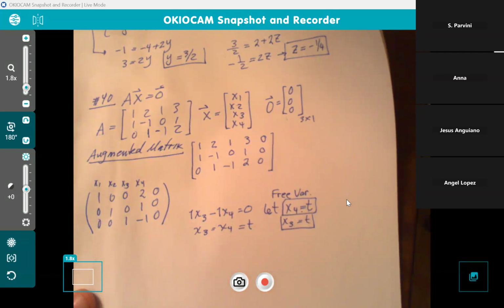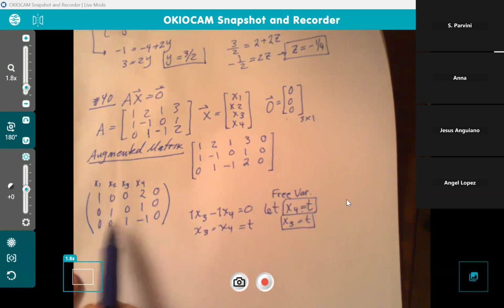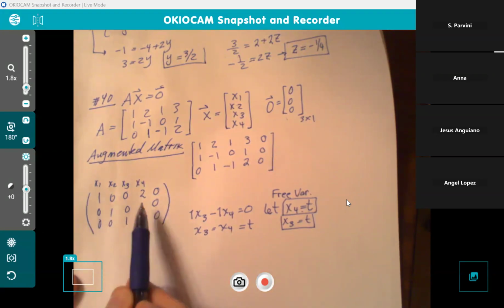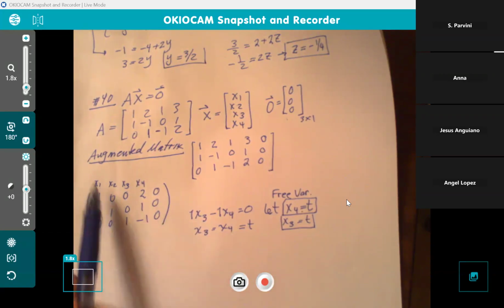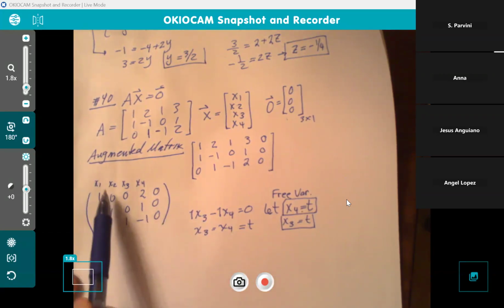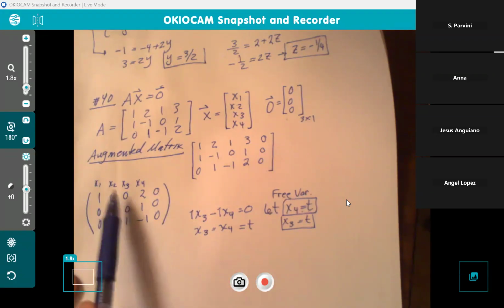Okay. Now, what about x sub 2? What does the second row read? An equation for the second row. It would be 1x sub 2, right?